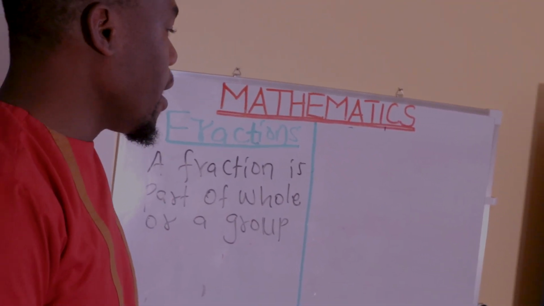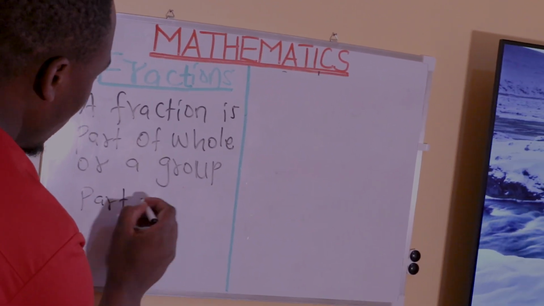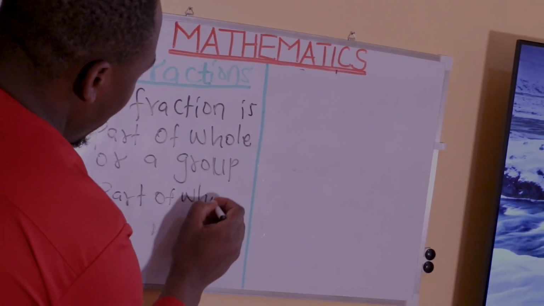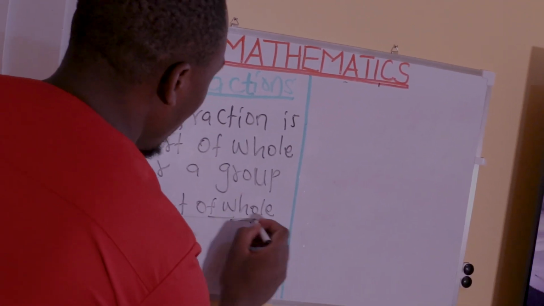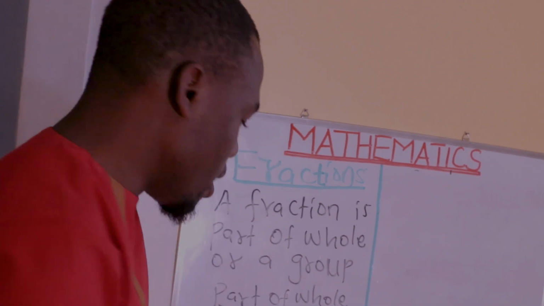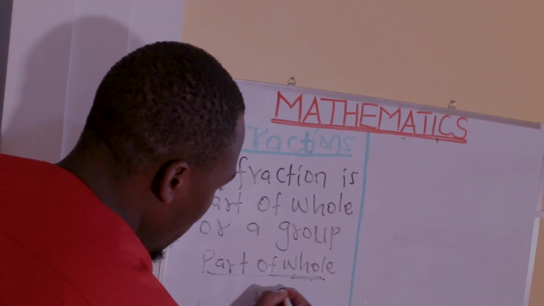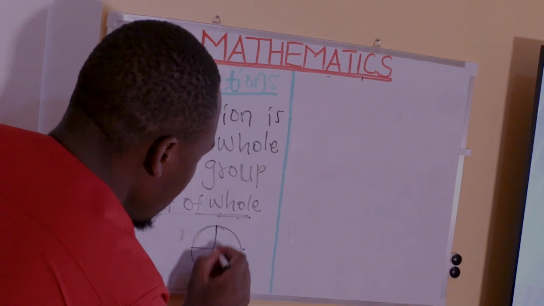Now, how can we explain that a fraction is part of a whole? You might be having a chapati. This is your chapati. Then you cut it into several pieces.